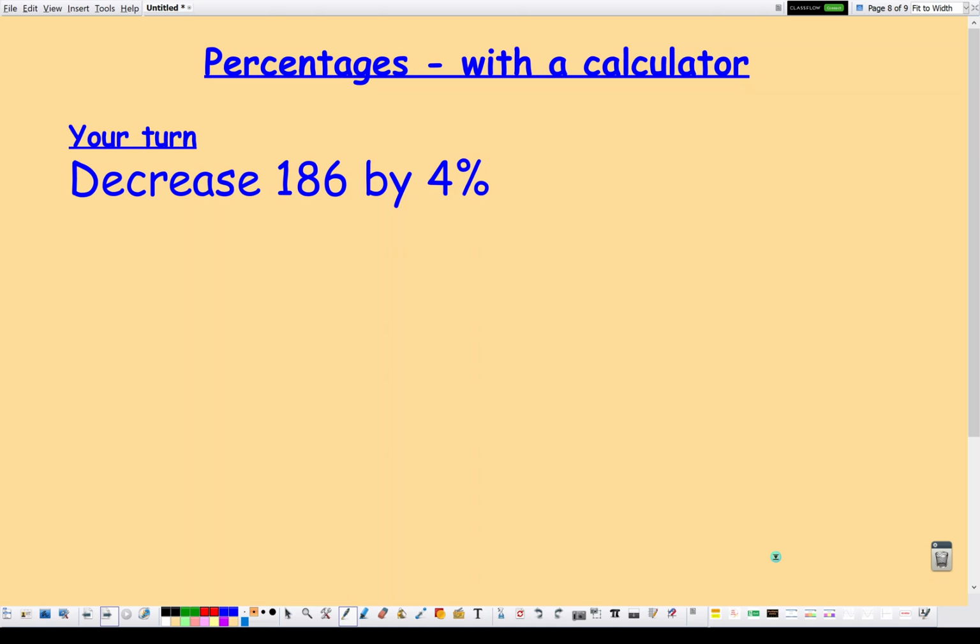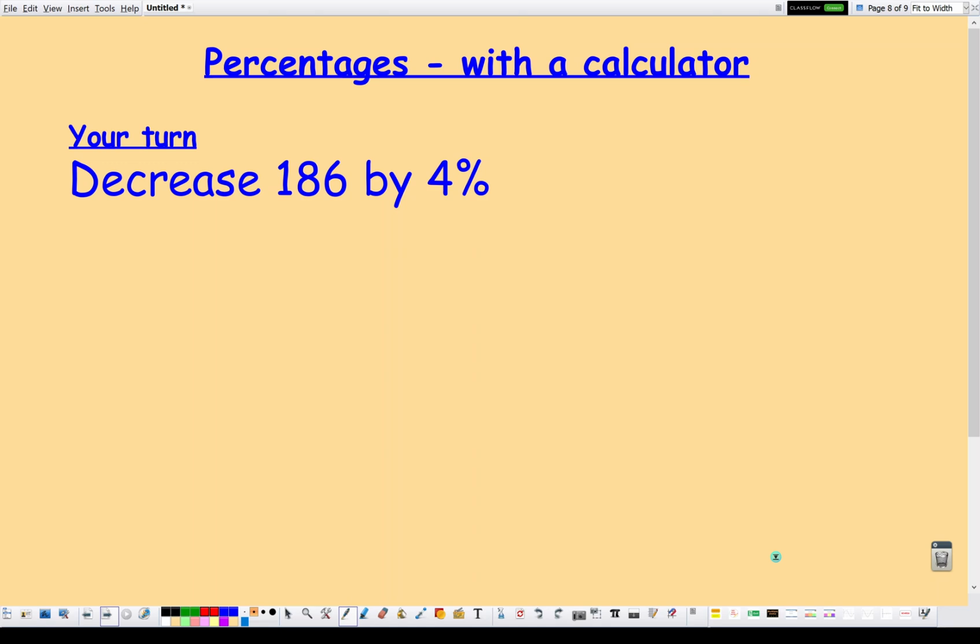Get your answer in when you've got one. You should start to become pretty quick at this. Okay, don't get complacent and make mistakes with that multiplier, but when you get the hang of this, when you get practice in it, it should start to come quite quick.